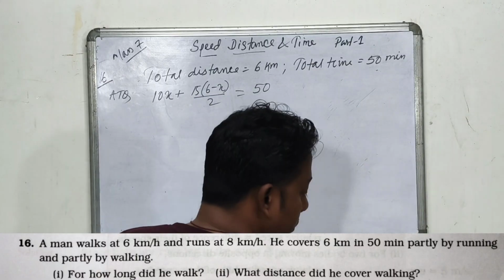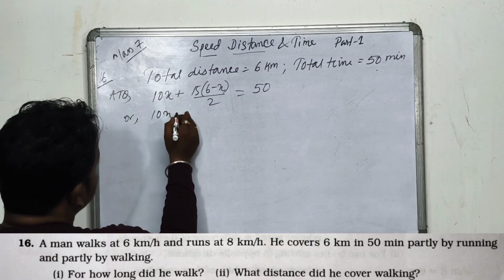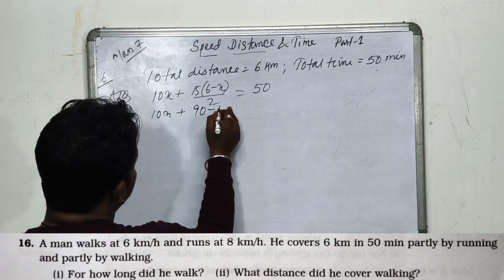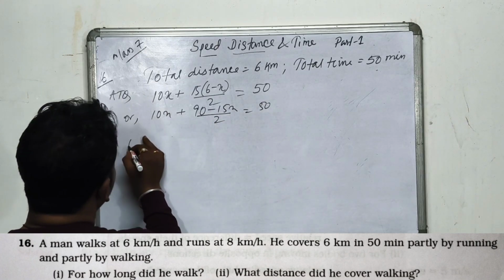Now find out the value of x. 10x plus 15 into 6 is 90 minus 15x by 2 is equal to 50.